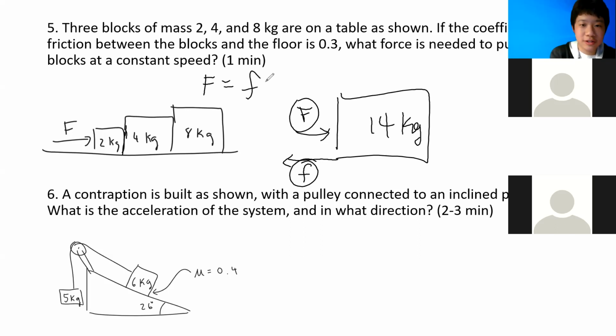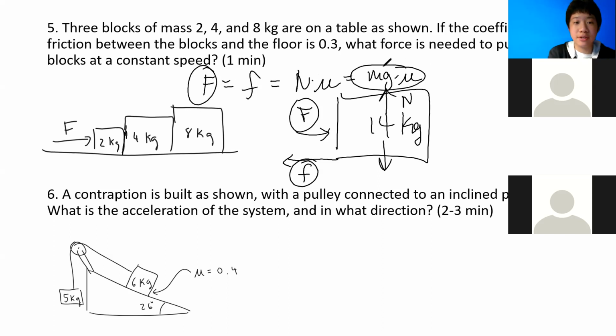What is frictional force? That's just normal force times mu, which is equal to, in this case, mg times mu. Since it's not moving up or down in any direction, our normal force will have to completely balance out the gravitational force. Okay, so now we have our force as equal to mg mu.